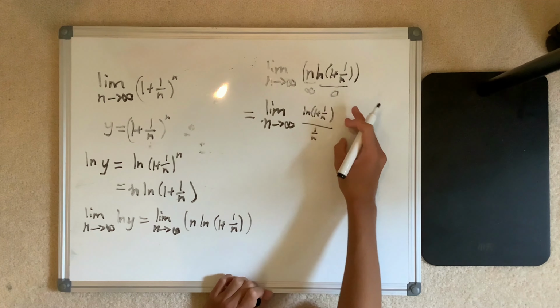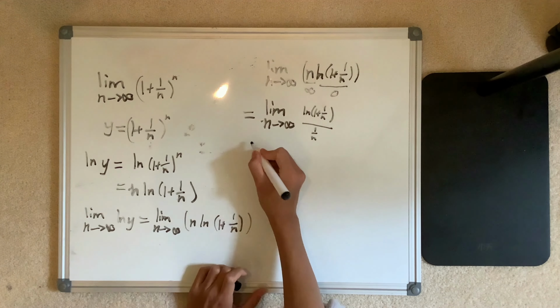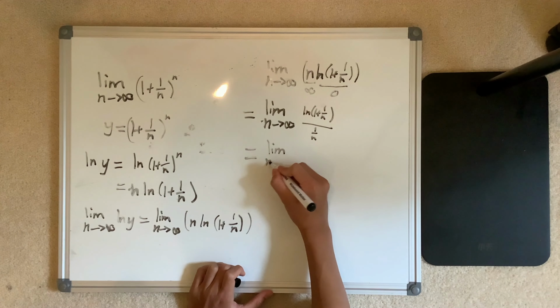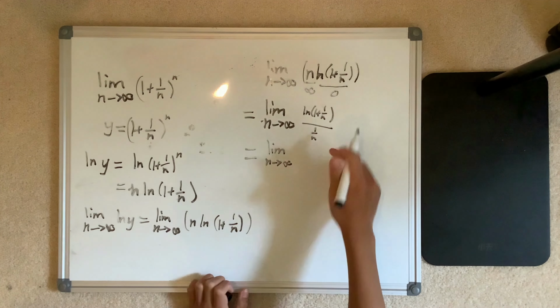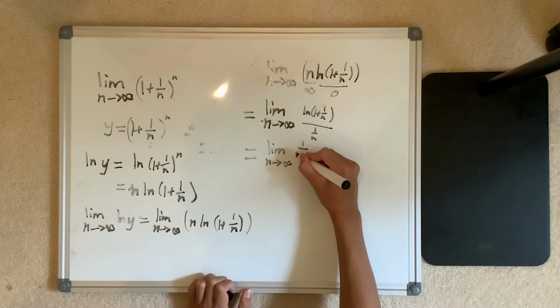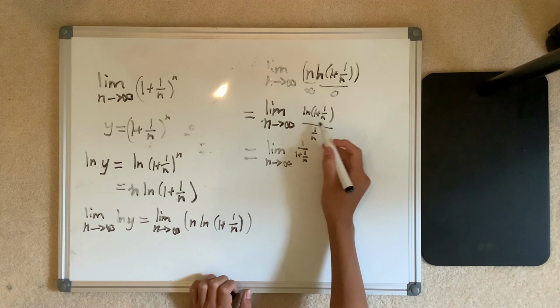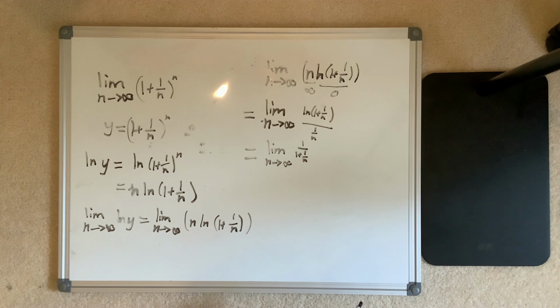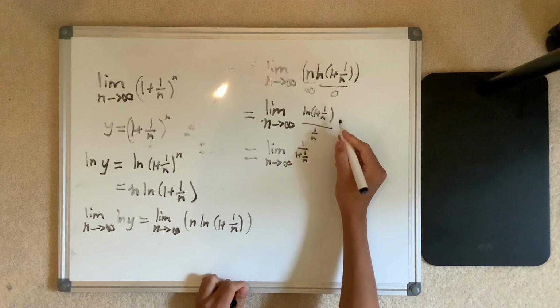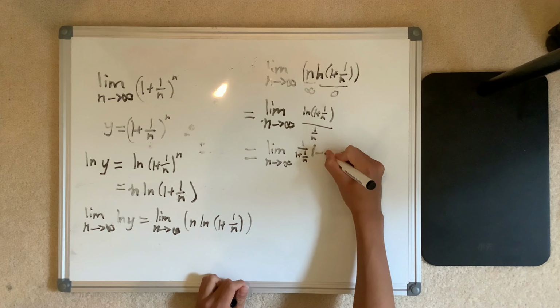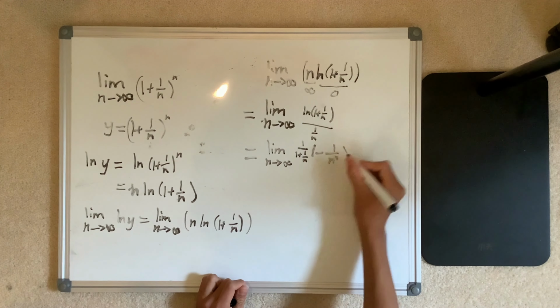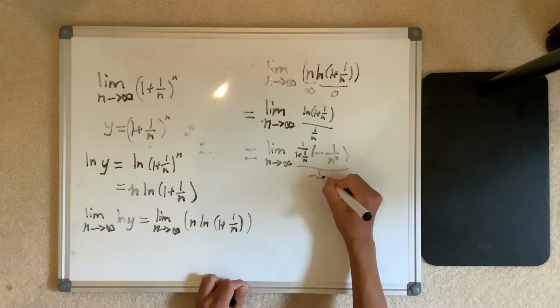And you can use L'Hopital's rule on top and bottom. The top, using L'Hopital's rule, will become 1 over 1 plus 1 over n, because the derivative of natural logarithm is 1 over x, and times, using the chain rule, negative 1 over n squared, and that over the bottom is negative 1 over n squared.